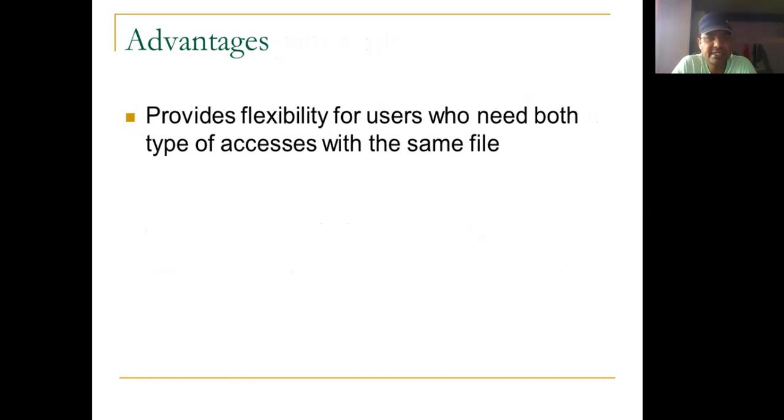Here are some of the advantages of index sequential file organization. It provides flexibility for the user who needs both types of access with the same file. The second advantage is that it is faster than sequential.